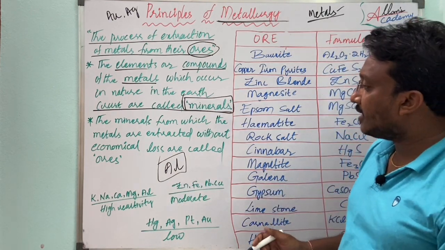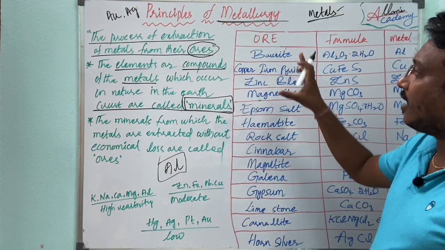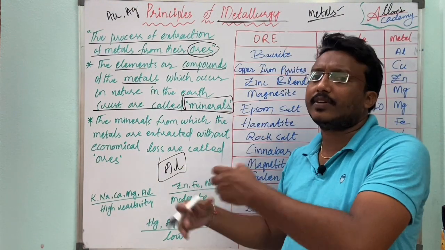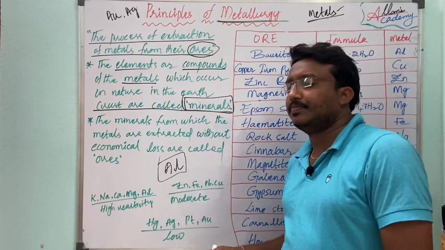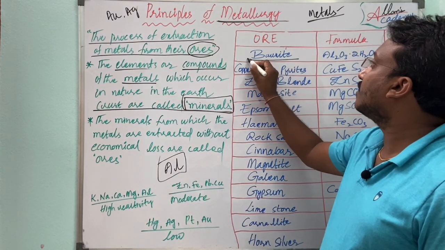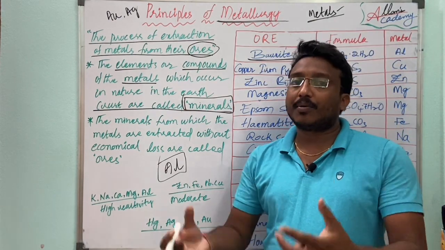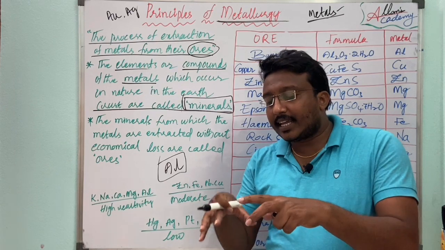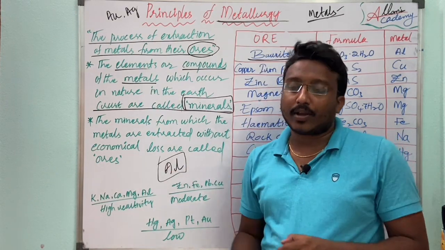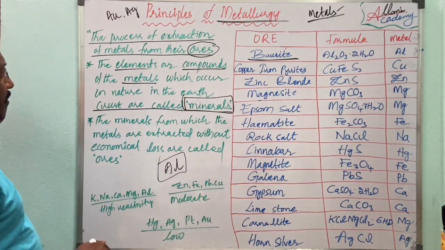Okay? Then we can get aluminum from many kinds of minerals. But if we collect the aluminum from bauxite, it gives very little economical loss. I will give you one simple example.